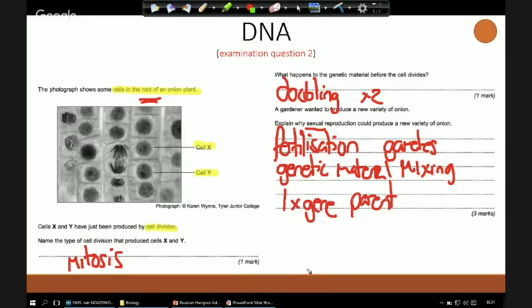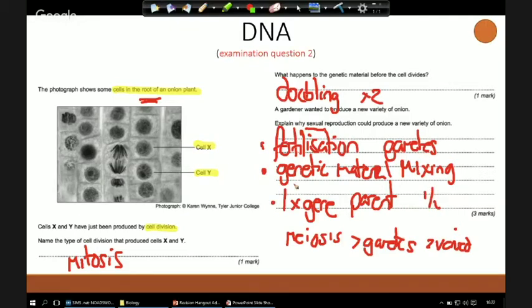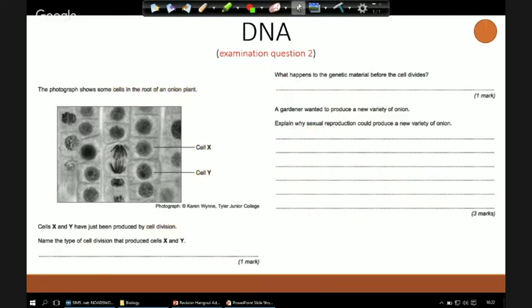We could say that meiosis leads to gametes, and gametes are varied. So any of the points that we've got gametes, we've got a mixing of genetic material, perhaps the gametes have only got half the DNA, one of the chromosome sets. So that's DNA.